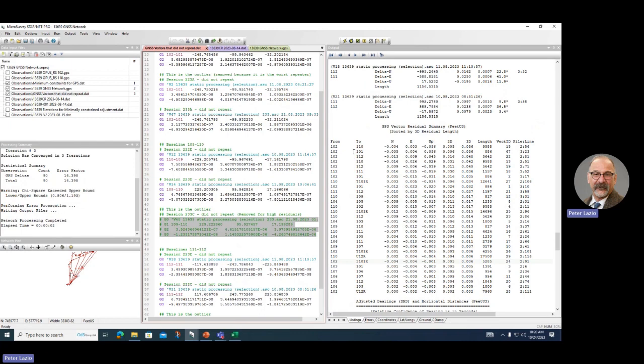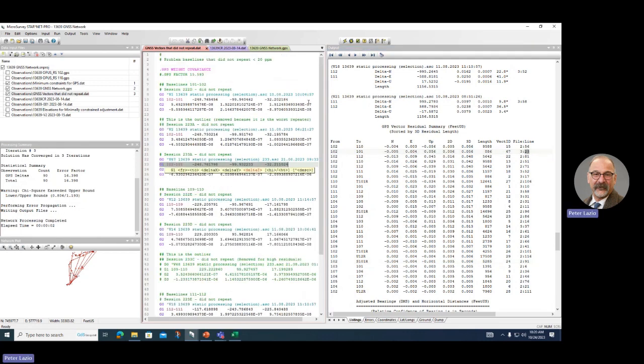I knew 101, 102, I couldn't get to repeat, so just out of principle, I took out the worst one, not necessarily the one that had the worst residual, but the worst one for the repeating.